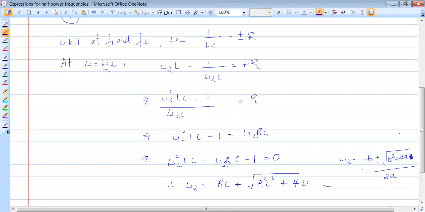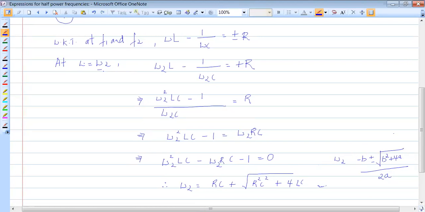Having a C here is fine, because C is 1. That's why it would become LC. Divided by 2A, so A is LC.